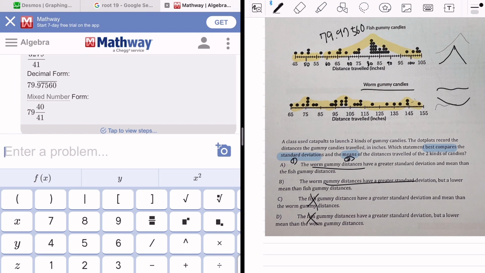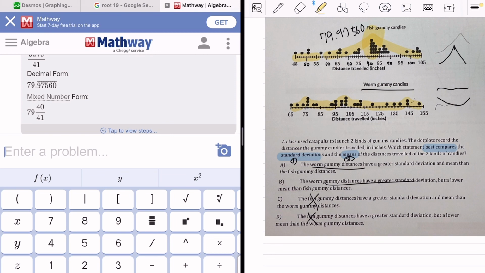The reason why I calculate, and not just roughly look at the graph, is because you could say, oh, this one has a lot of 80-something, so this would have the greater mean value, but it's not obvious.